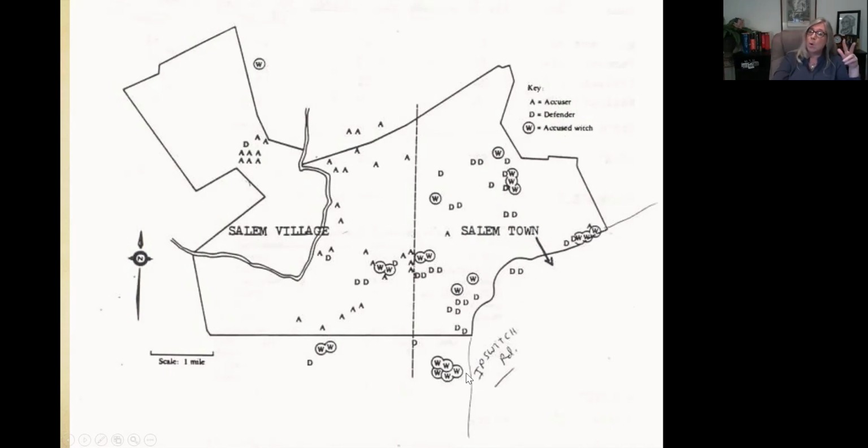So these would have been more affluent people in town. All of these people with the D would be defenders of these folks who are accused of being witches. There's only one accuser anywhere close to Salem town, and that's this person right here. But then when we get into Salem Village, look at all of the people who do the accusing.